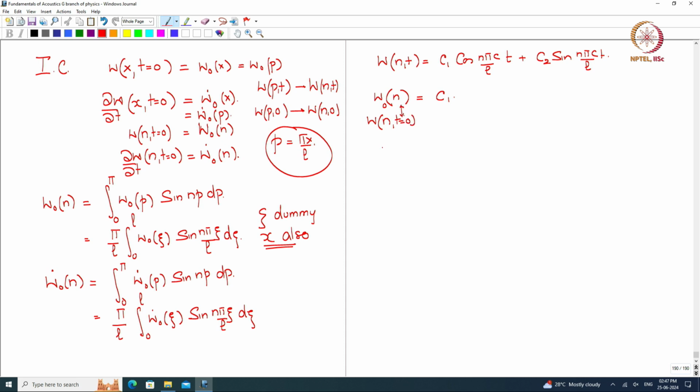Okay. Similarly, W 0 dot of n, which is the same as W dot of n at t equal to 0.